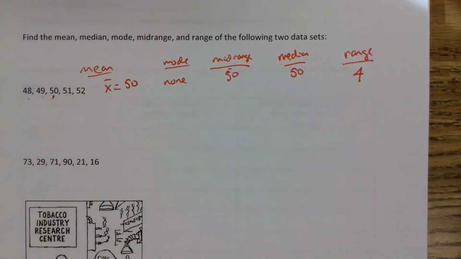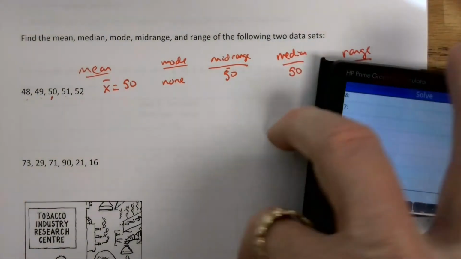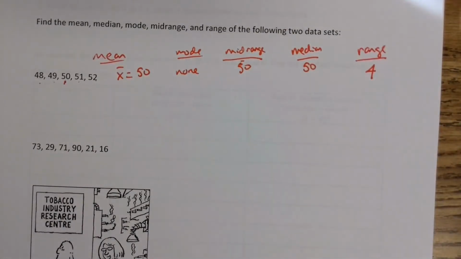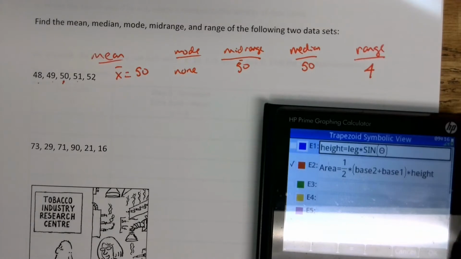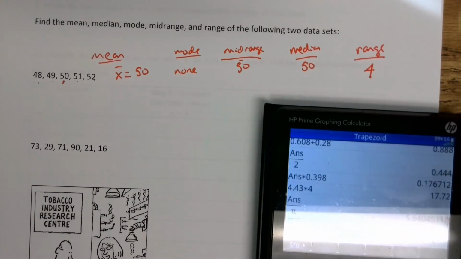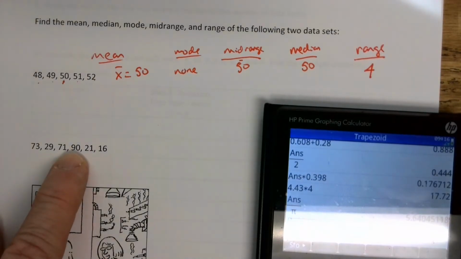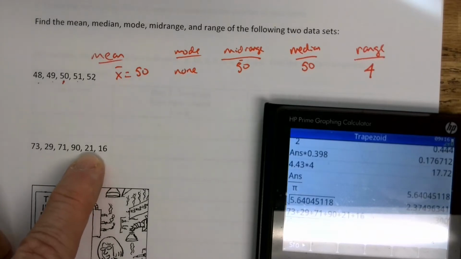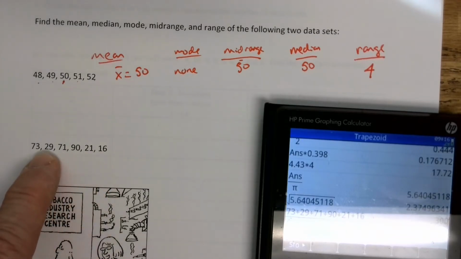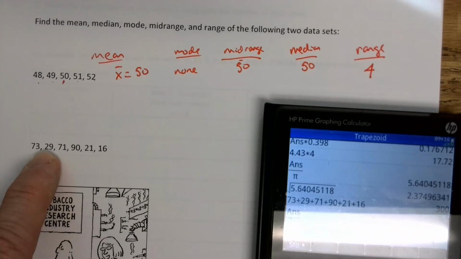All right, I'm going to use my calculator, because this looks a little bit more interesting. 73 plus 29 plus 71 plus 90 plus 21 plus 16, divided by 6, is equal to 50.